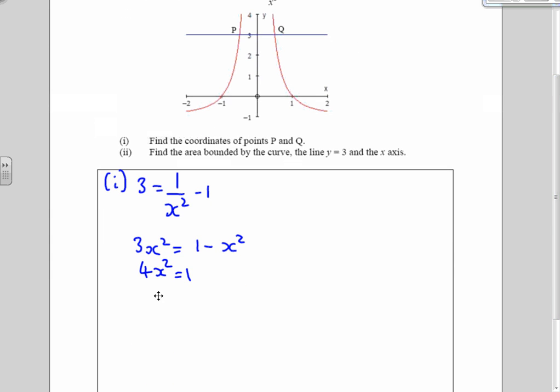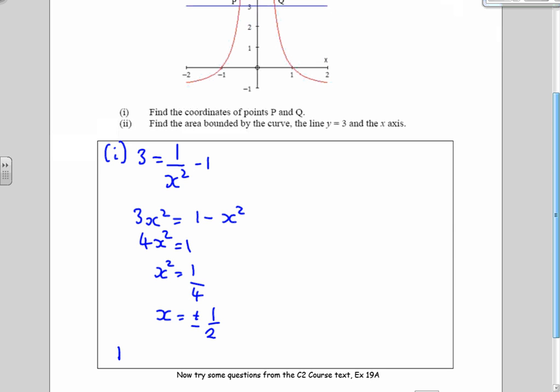Divide through by 4, which would give us x squared equals a quarter. So of course x is equal to the square root of a quarter, which is plus or minus a half. So that means the coordinates of P are minus a half, 3, and the coordinates of Q are a half, 3.